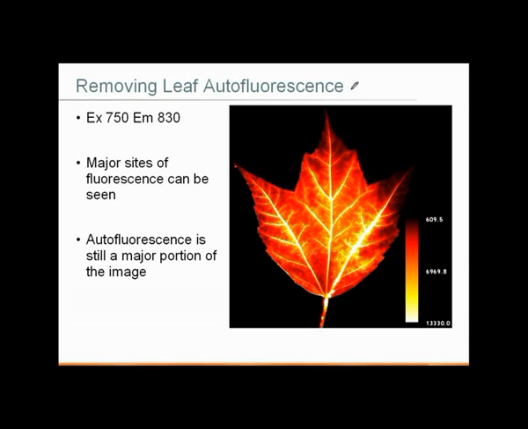So let's take a look in more detail at the sample I talked about earlier. To look at ICG, they excited this sample at 750 and looked at the emission at 830. And there's a lot of fluorescence coming all over, not just from the vasculature.